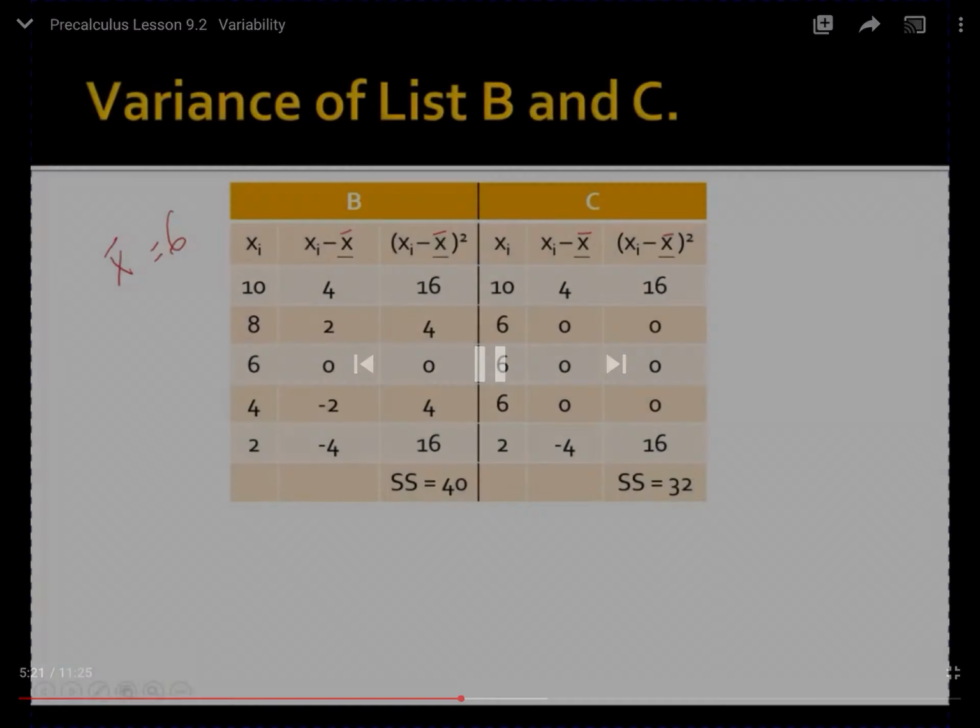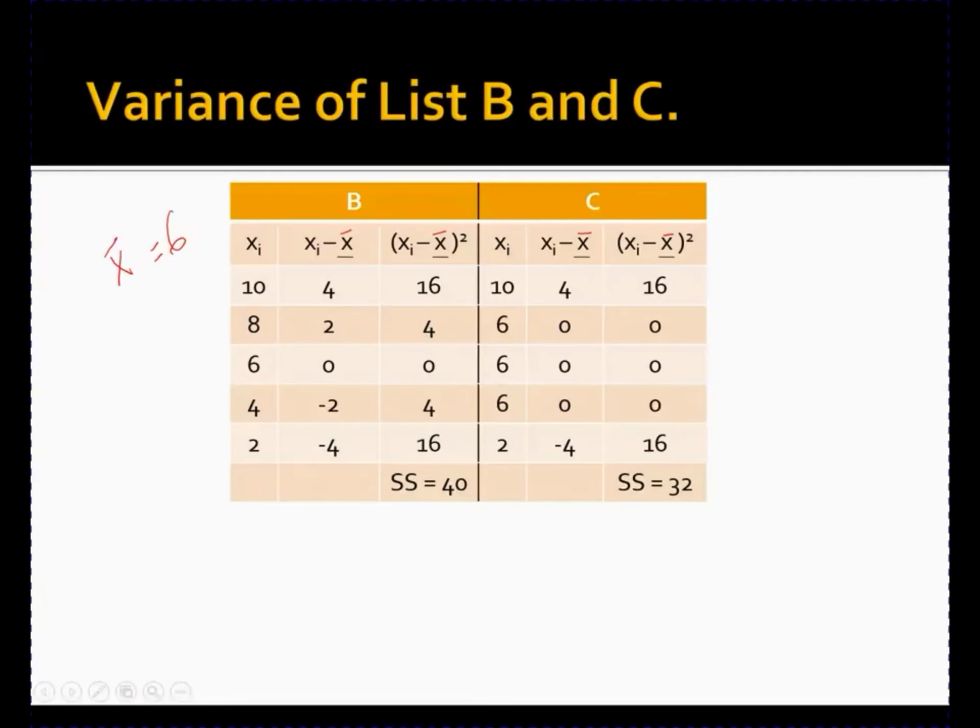For some reason, the little line for the mean got under the x instead of over it. We've already seen these first two columns in B and the first two columns under C. That's our data values, and then the deviations of each data value, which end up equaling 0.